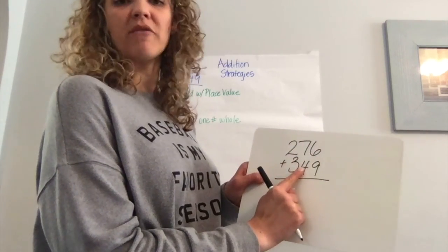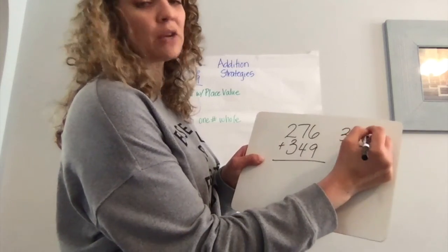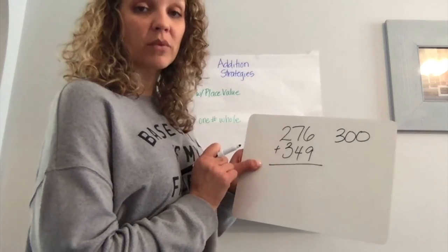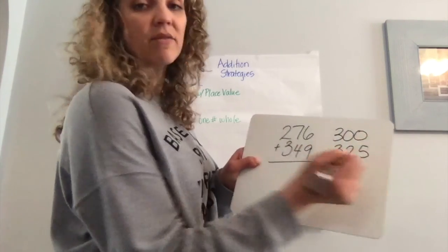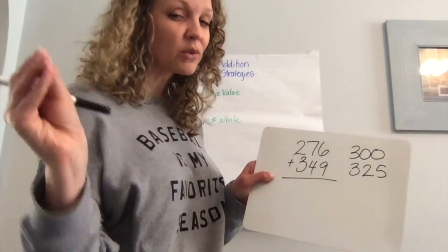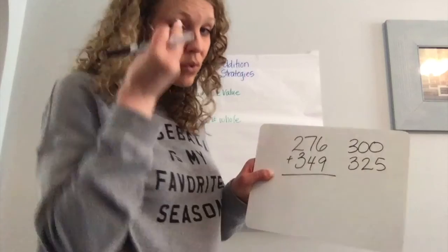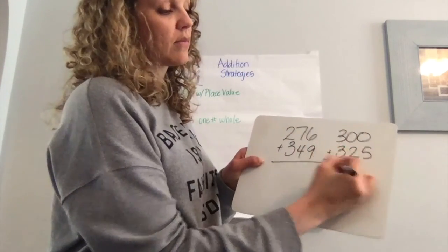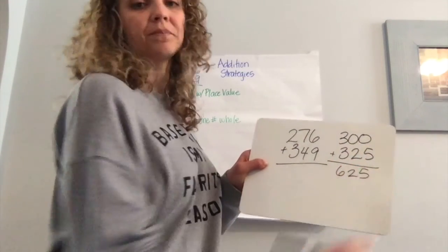If I take 24 from this number and give it to this number, I now have 300 on the top. And if I take 24 away from 349, I have 325, right? Because 24 is almost 25, and 349 is almost 350. So that's how a kid is thinking, and kids do this. And now this is a very easy problem for me to solve.